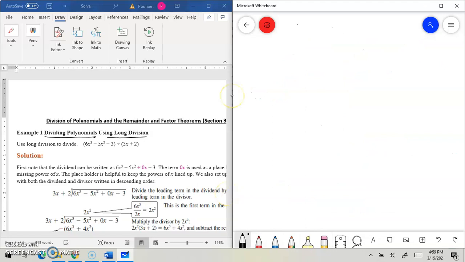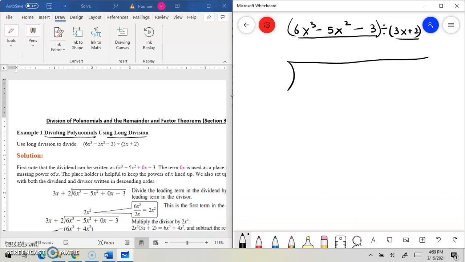So we have to divide 6x cube minus 5x square minus 3 by 3x plus 2. The first step: in the bracket, you write this polynomial in standard form. What is standard form?